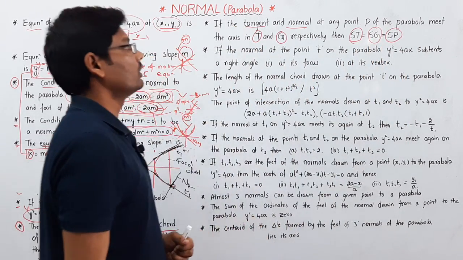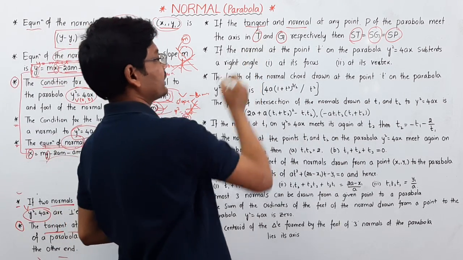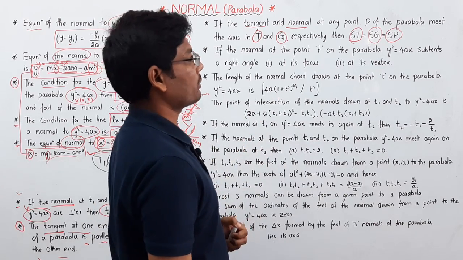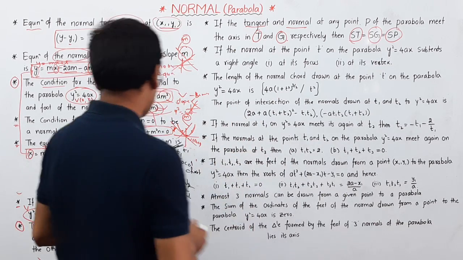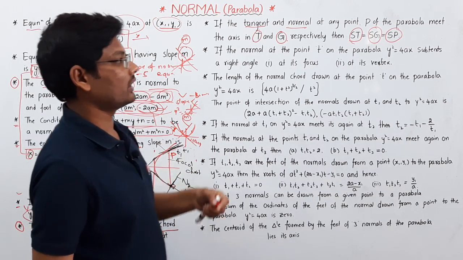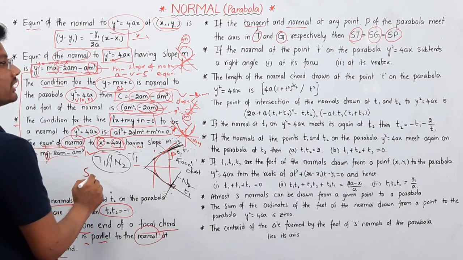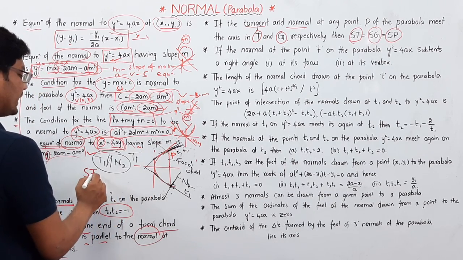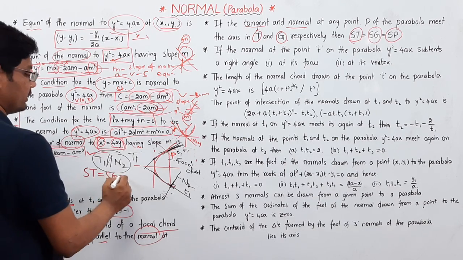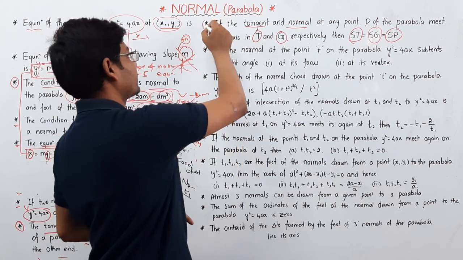Here, this is the tangent, this is the normal, and P is a point on the parabola. ST is the distance between the focus and the tangent's foot, and SG is the distance between the focus and the normal's foot, and the distance between the focus and the point P is always equal. This is the point he is making.